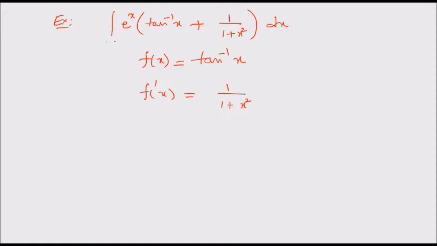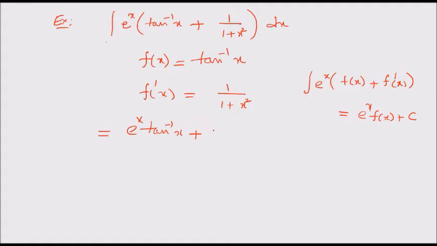So this entire problem reflects e power x times f of x plus f prime x. So I can directly write the output. First let me quote that e power x times f of x plus f prime x is equal to e power x f of x plus c. So what is f of x here? Tan inverse x. So you can directly write e power x tan inverse x plus c.